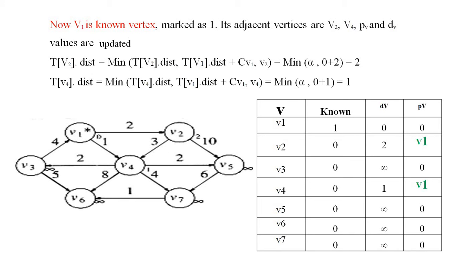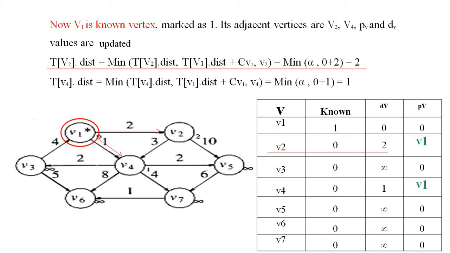Next, v1 is a known vertex here. So v1 is connected with v2 and v4. Then let's see how to write this into the table format. v2 is written as 2 because the previous value of v2 is initially infinity.